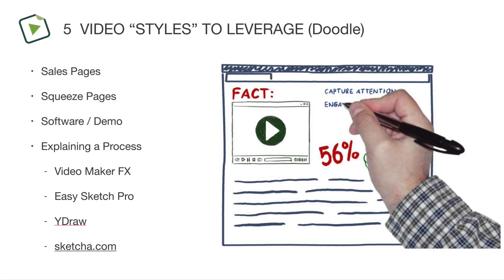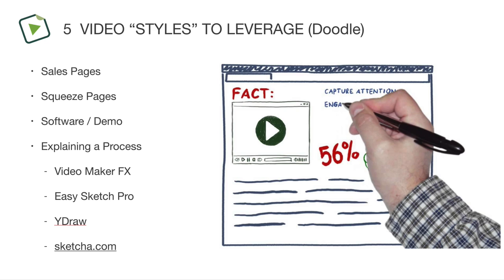Okay, doodle style videos work really, really well. Sales pages, squeeze pages. If you're going to be explaining a piece of software or doing a demo, or explaining a process, there's lots of software out there like VideoMaker FX, Easy Sketch Pro, YDraw, Sketcha.com. You could actually create these sketch style videos very easily with these pieces of software.